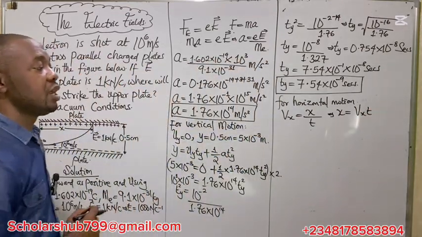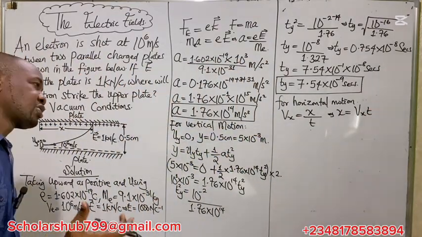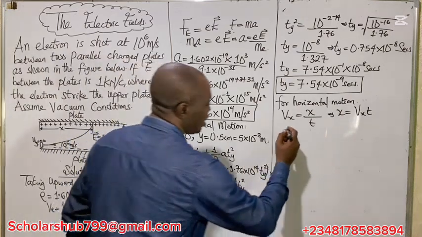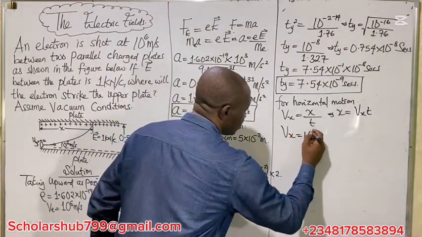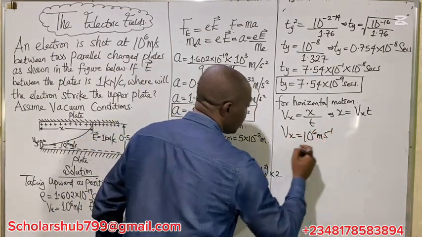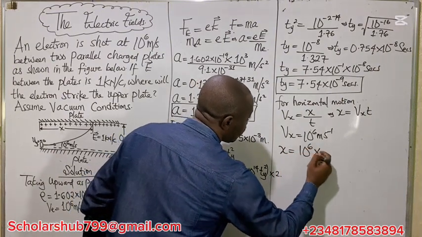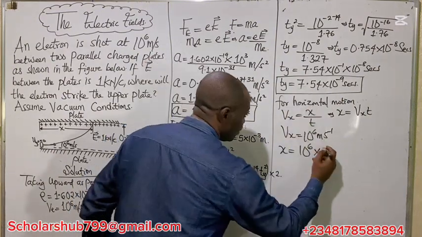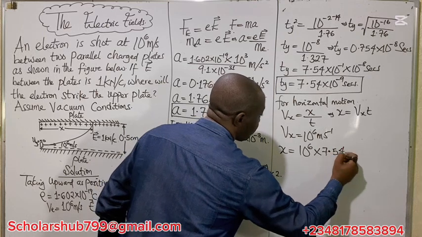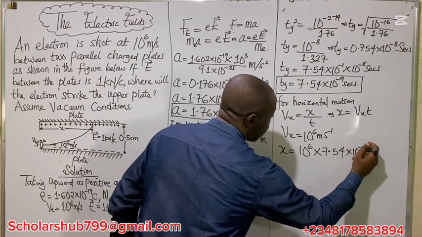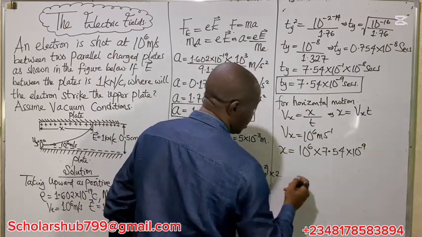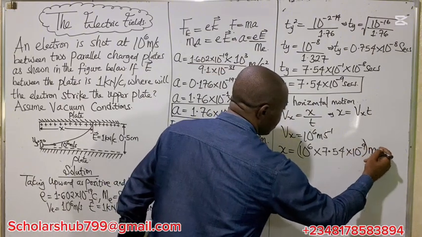So we have Vx times t equal to x. And then we know that Vx is 10 raised to the power of 6 meters per second. So we then have x equal to 10 raised to the power of 6 multiplied by this value, 7.54 multiplied by 10 raised to the power of negative 9. Okay, so the unit of this will be what?